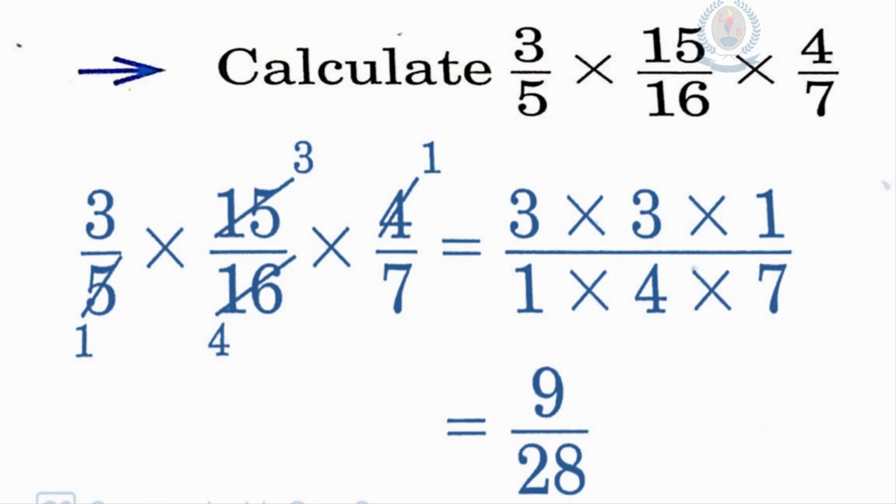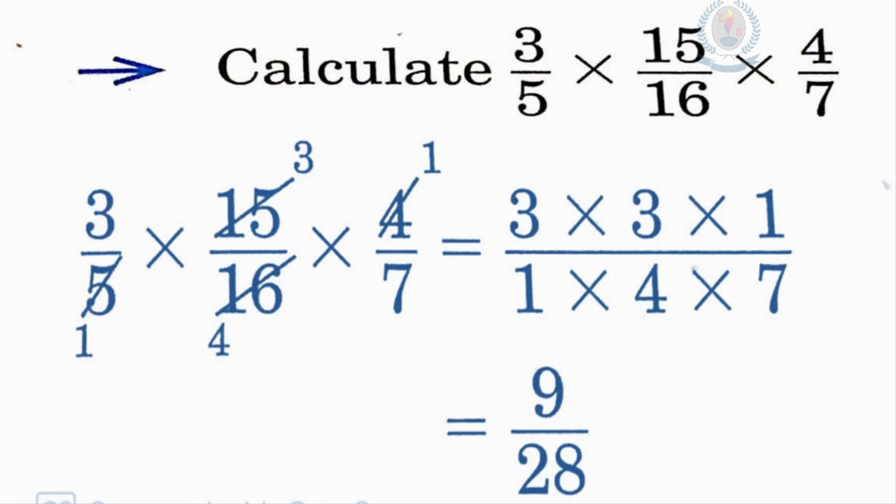Children, here you might make a mistake. The first fraction's numerator is 3 and the second fraction's numerator, the product, is 3. Now you might think, okay, here 3 and here also 3 can be simplified. No, horizontally you cannot simplify both numbers.